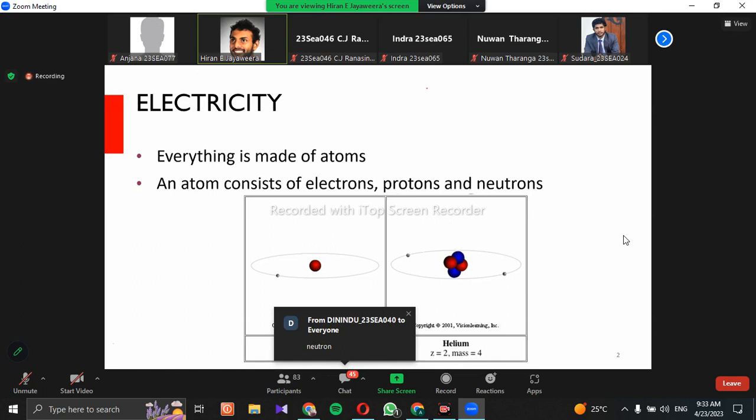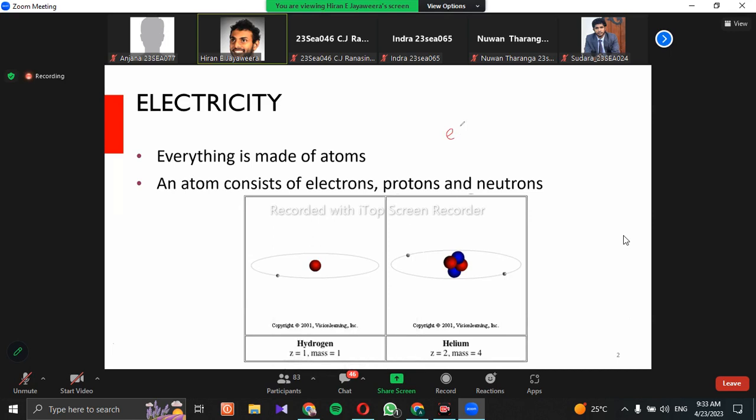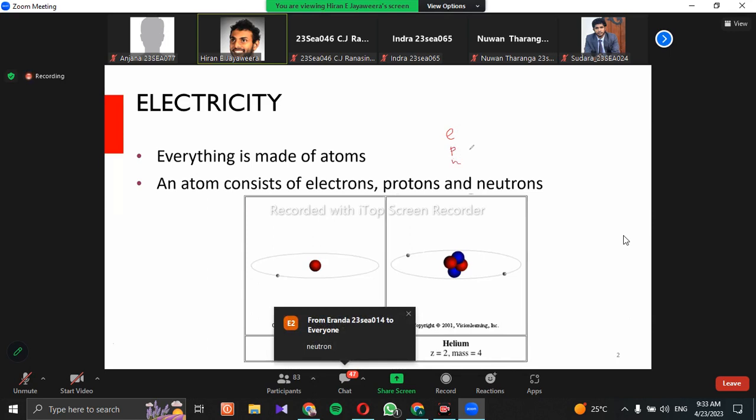And for your additional knowledge, we consider electrons as fundamental particles. That means you can't subdivide electrons as of now. To the science knowledge that we have, electrons you can't divide into subparticles. But protons and neutrons you can divide into subparticles.